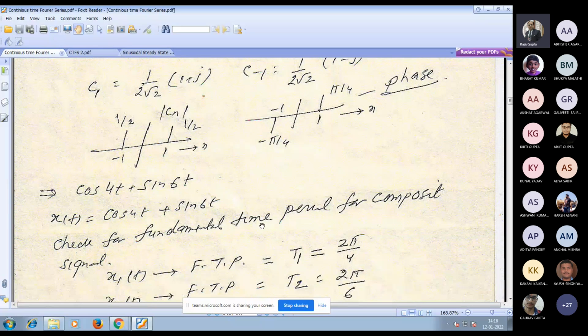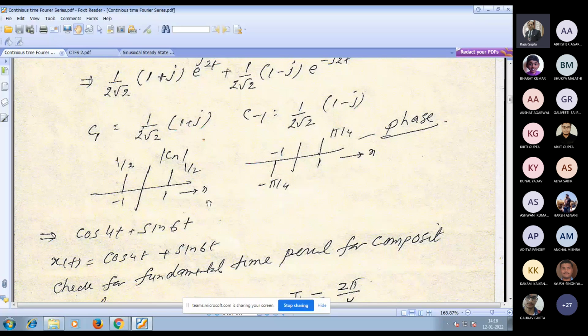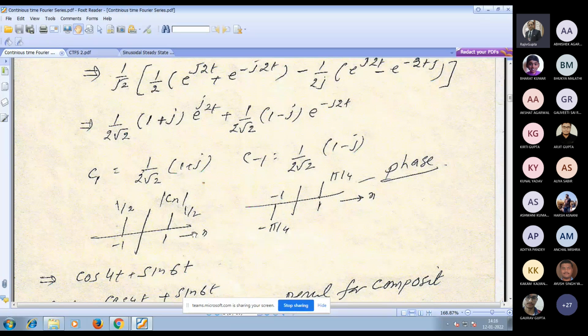Now again we have a signal, cos 4t plus sine 6t. You have to find the Fourier series coefficients corresponding to this signal. So what is our first duty? Find out omega naught first. And for finding omega naught, what should be the condition?